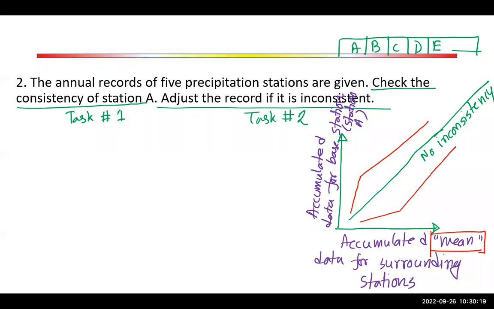That means there can be a break in the slope. Whenever there is a break in slope, you know that there is inconsistency. So the answer is if there is any break, the data is inconsistent. Right?